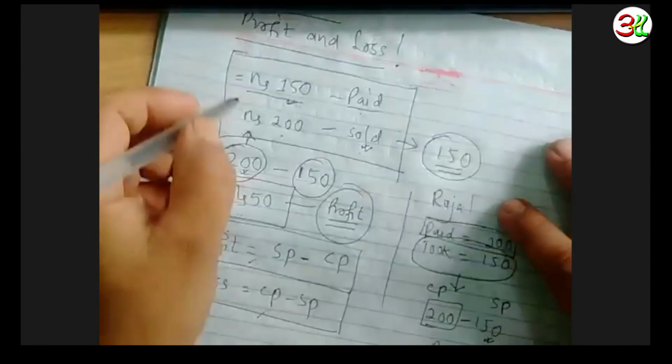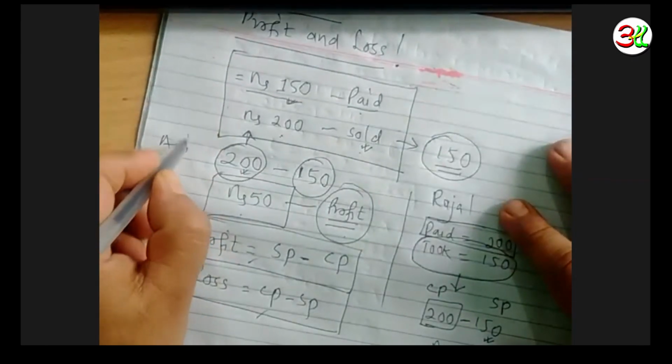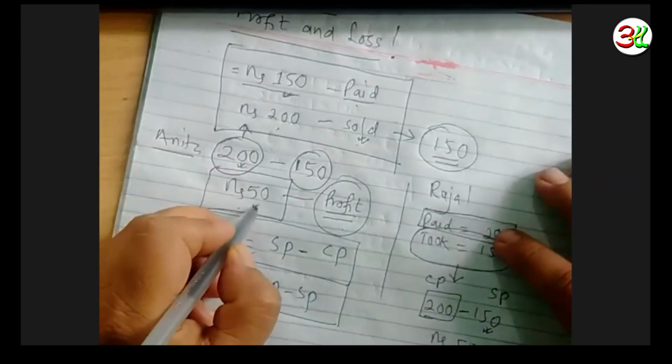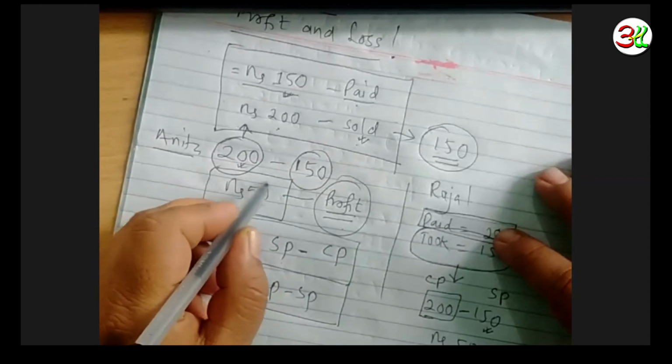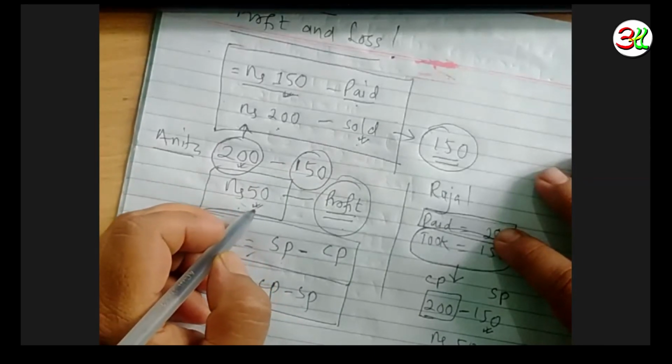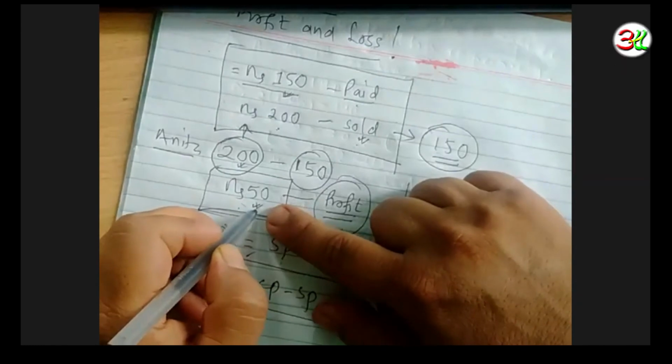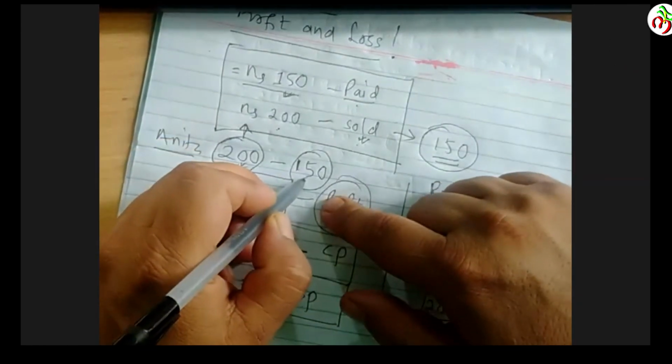Look here. Suppose for Anita, again Anita, the profit is 50 rupees. She got 50 rupees profit on 200 or 150.